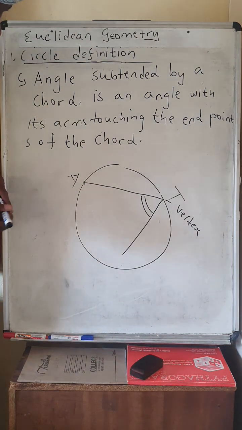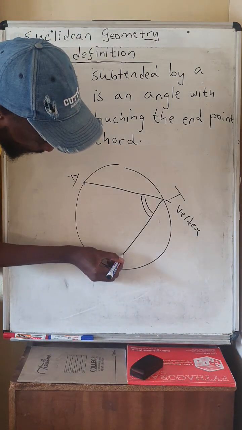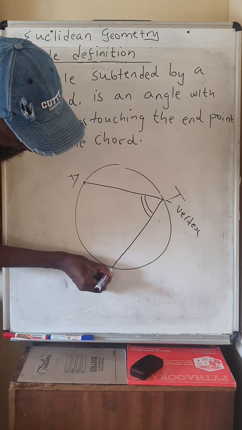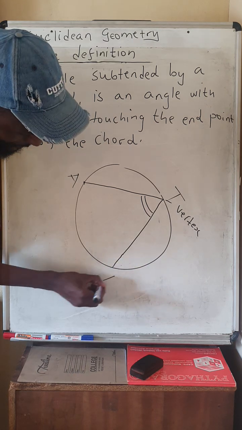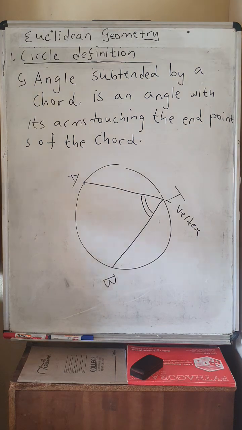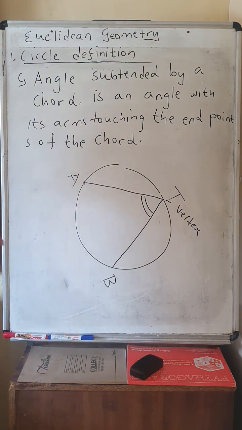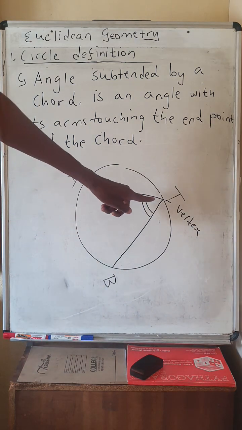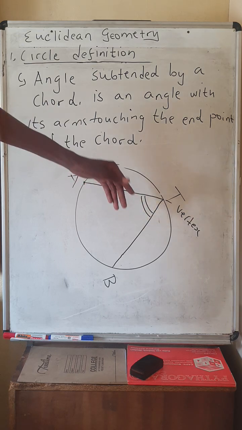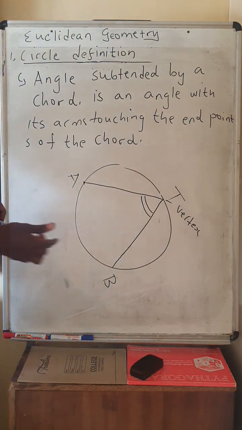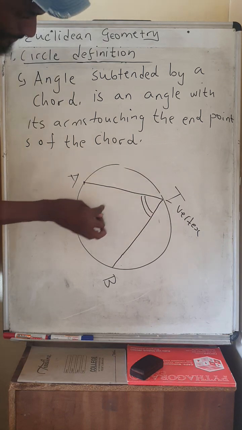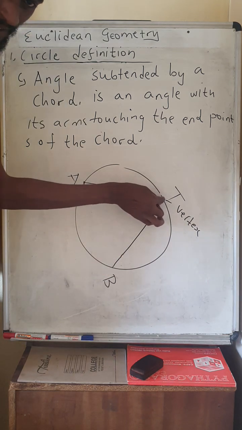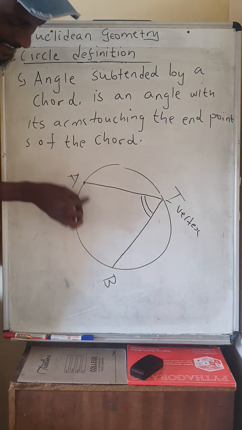But if you give me something like this, let us say the other arm was ending somewhere here, and let me say this is B. Now, looking at this, are the arms of angle T from the vertex touching the circumference?